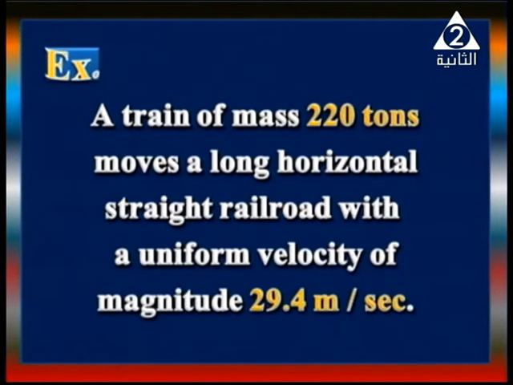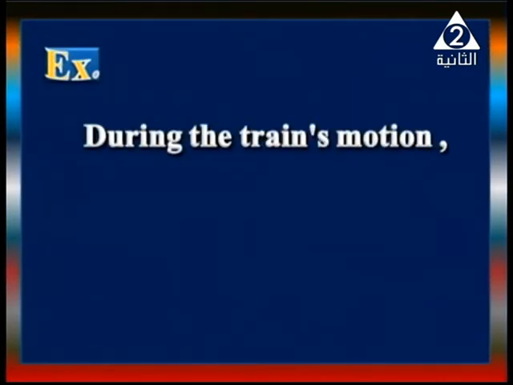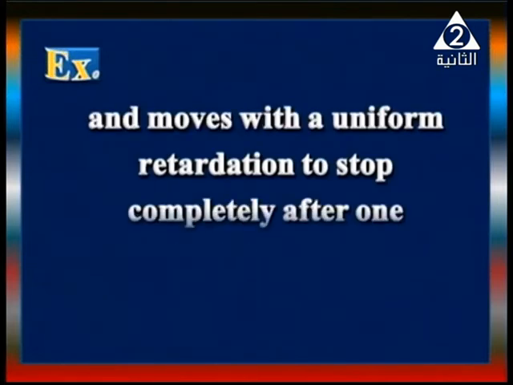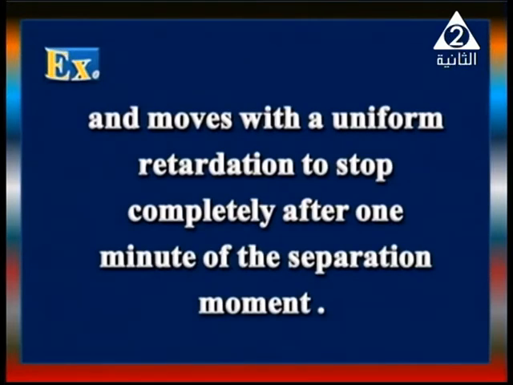A train of mass 220 ton moves along a horizontal straight railroad with uniform velocity of magnitude 29.4 meter per second. During the train motion, the last car of mass 24 ton is separated and moves with uniform retardation to stop completely after 1 minute of the separation moment.